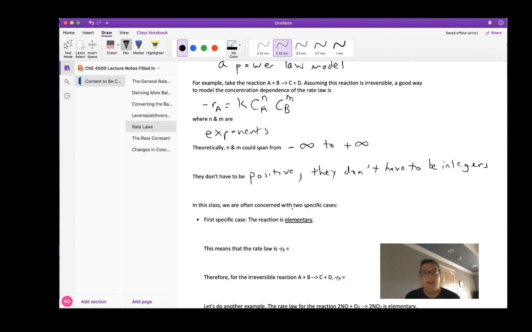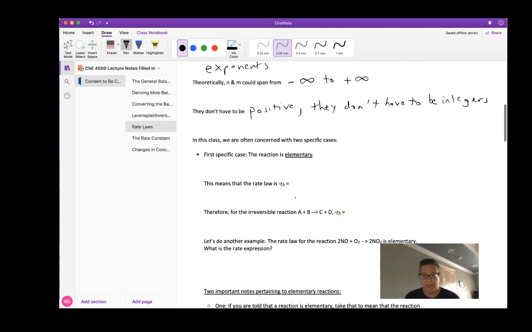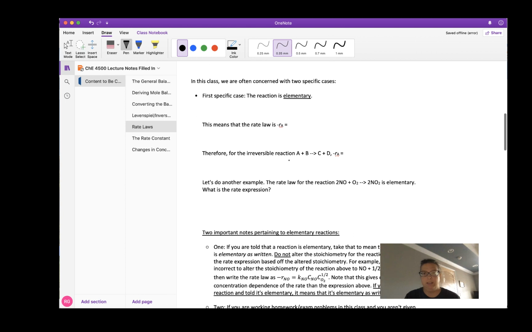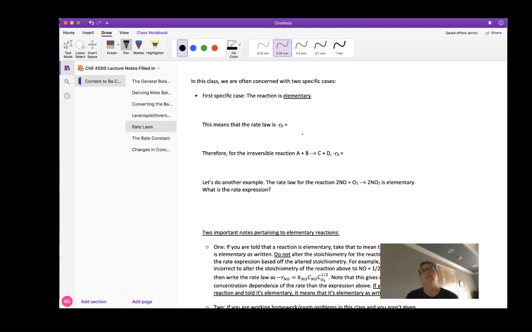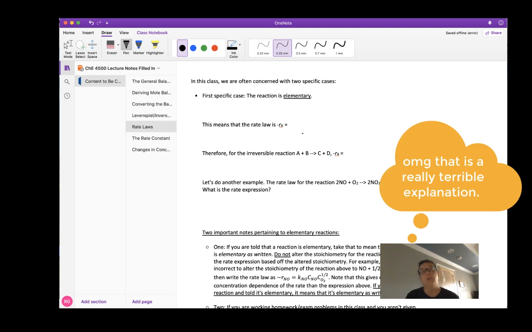A case that we look at often in this class is the case of an elementary reaction. So a specific case where the reaction is elementary. This means that the rate law is essentially a product of the rate constant times a function of the products of the different concentrations of the different species that participate, raised to their stoichiometric power.